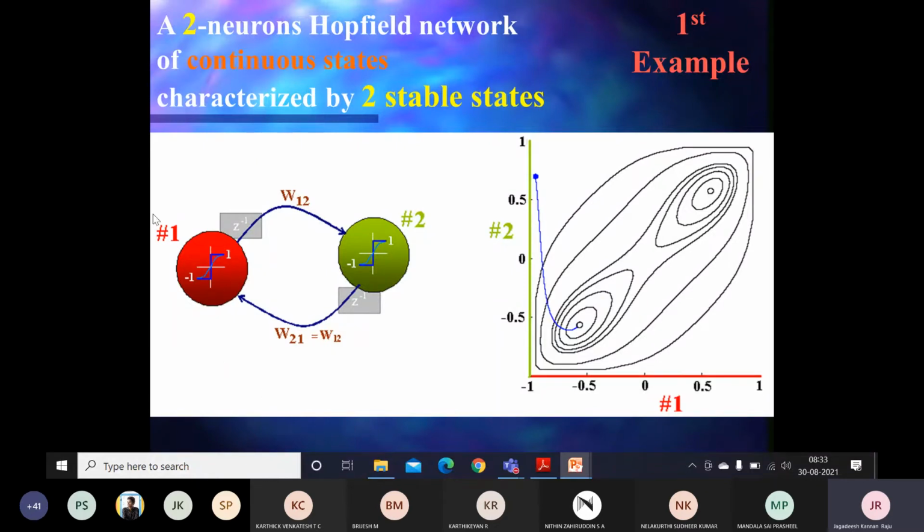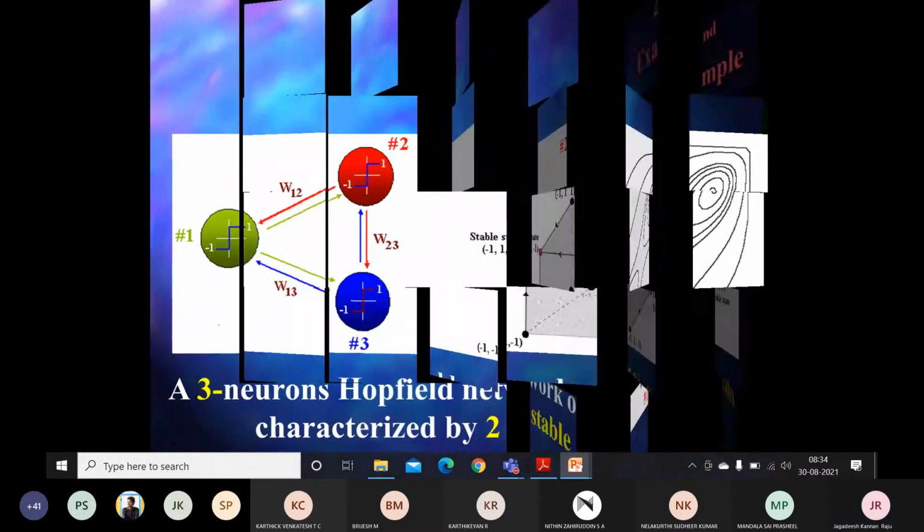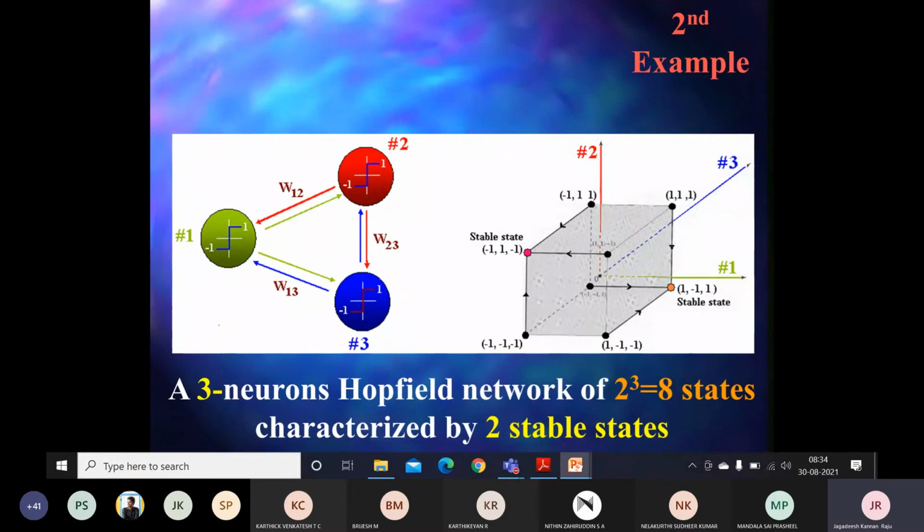If you plot the two neuron half-wave network, the plot may be considered as a contour plot. In the second example, we use a three neuron half-wave network: neuron 1, neuron 2, and neuron 3.